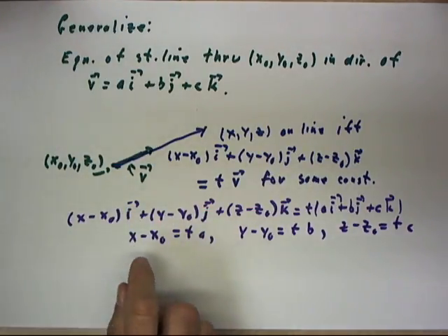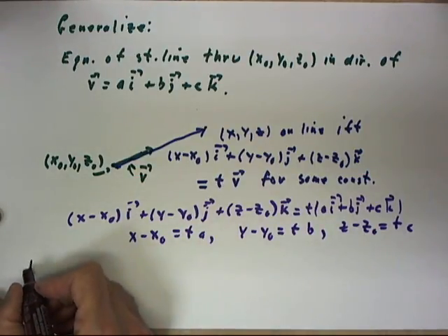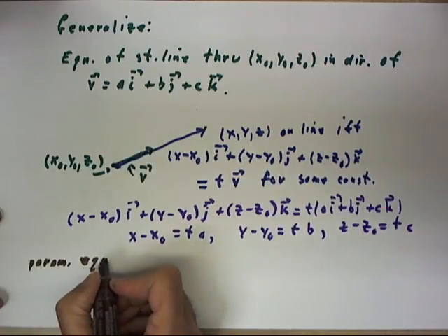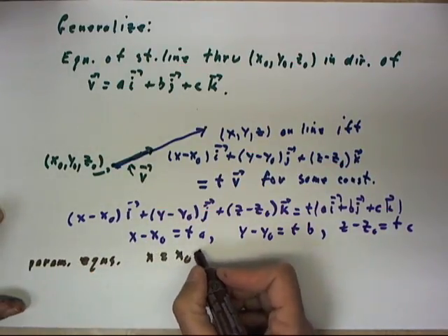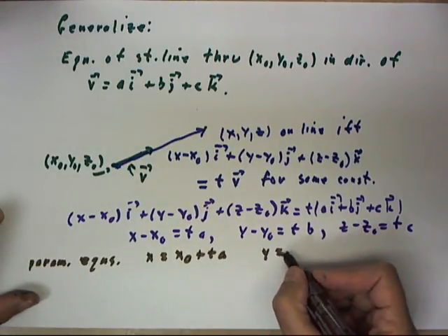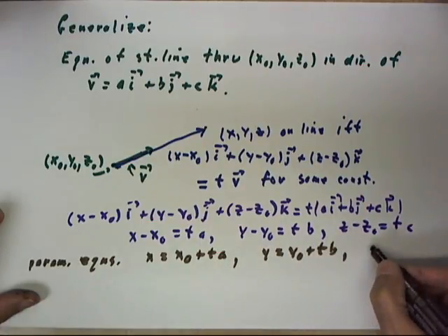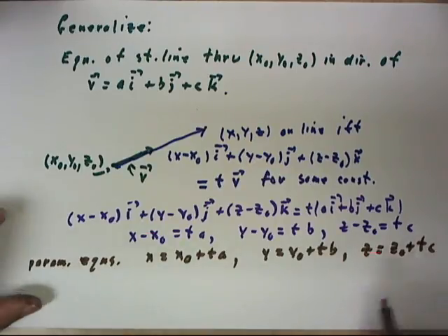And if we solve the equations for x, y, and z, we get our parametric equations. Parametric equations, x equals x naught plus ta, y equals y naught plus tb, z equals z naught plus tc.